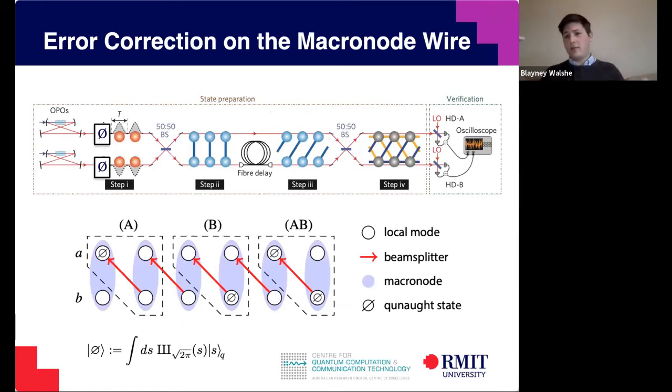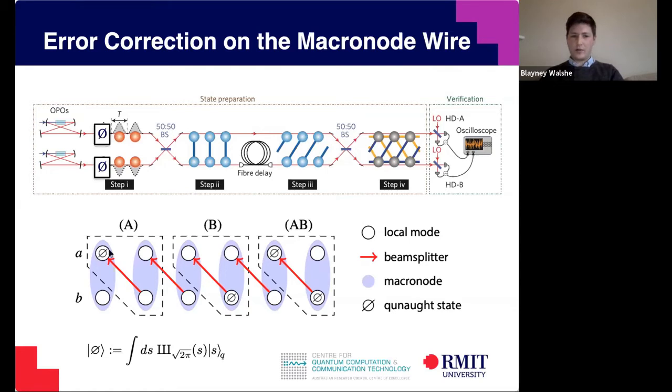Yeah, so error correction on the macronode wire, that's the question. We looked at this experiment that I showed you earlier and said, well, we could take those Q0 states, those GKP states I was describing earlier, and we could place them in place of one of these temporal modes at the beginning of the experiment and just let them propagate through.